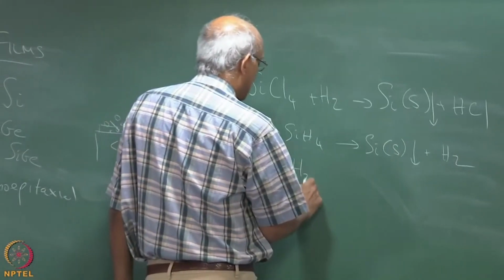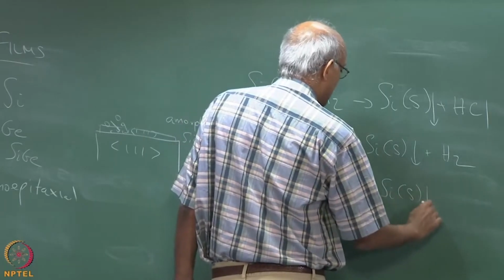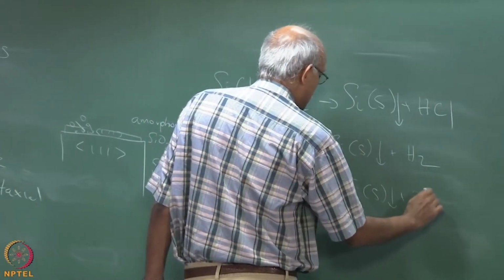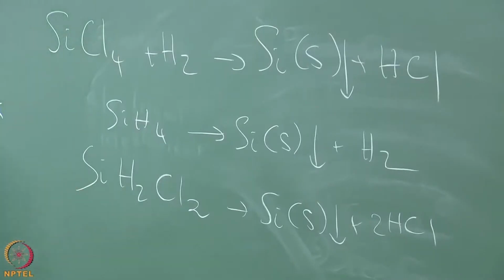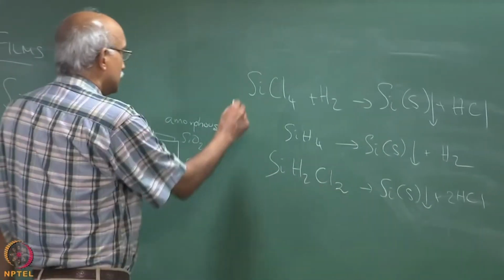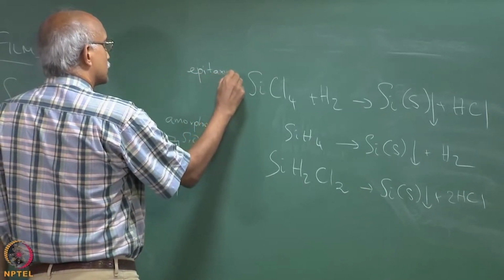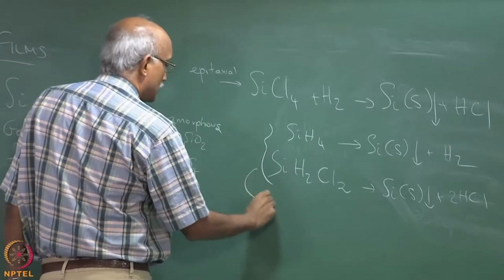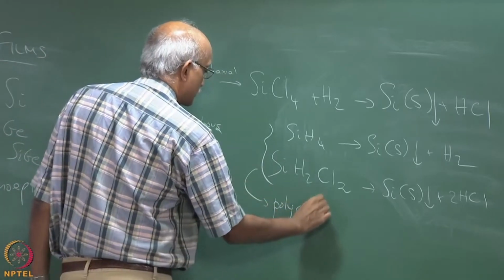Another possible way of making this is to use SiH2Cl2, which again will go to Si solid plus 2HCl. The SiH2Cl2 process to break down into silicon also can be run at a lower temperature. So, this reaction is more suited for epitaxial silicon production, whereas these reactions lend themselves more to polycrystalline and amorphous structures.